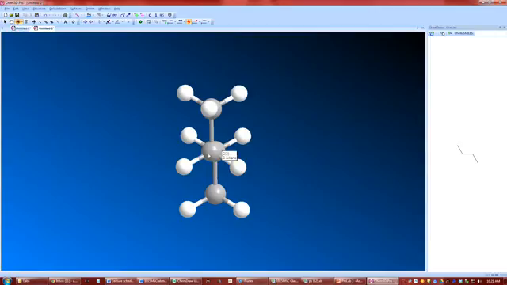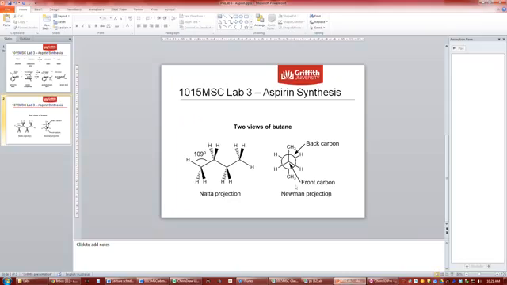The front carbon has hydrogen pointing down to the left, down to the right, and then it has a methyl group up to the top. We can't see that back carbon because it's behind the front carbon, but off that back carbon there would be hydrogen pointing up to the right, up to the left, and then a methyl group pointing down. That's what's shown here in this Newman projection.